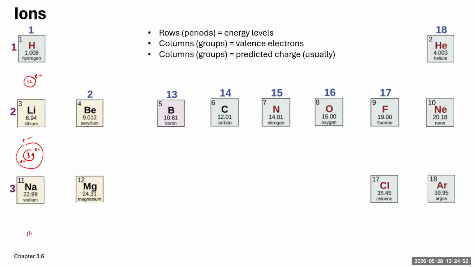Sodium, 11 protons, three energy levels, one, two, and then one, two, three, four, five, six, seven, and eight. And we have one on the outside. Beryllium, the same thing.